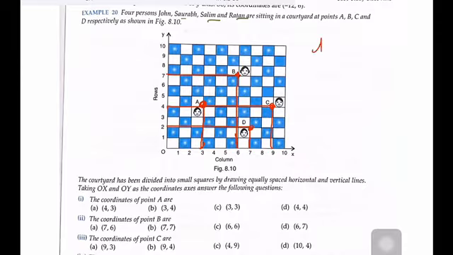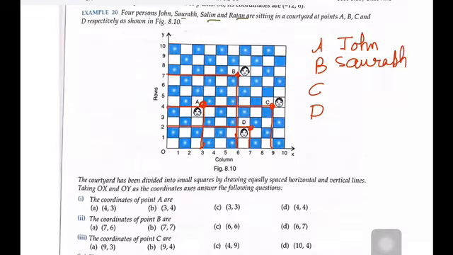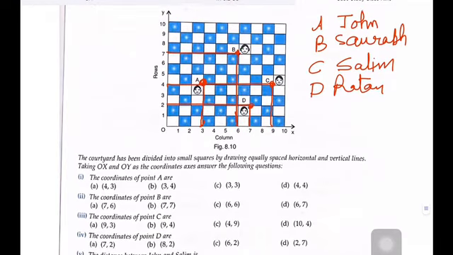So A is John, B is Saurabh, then Salim and Ratan. Fine. So let's see the questions now.